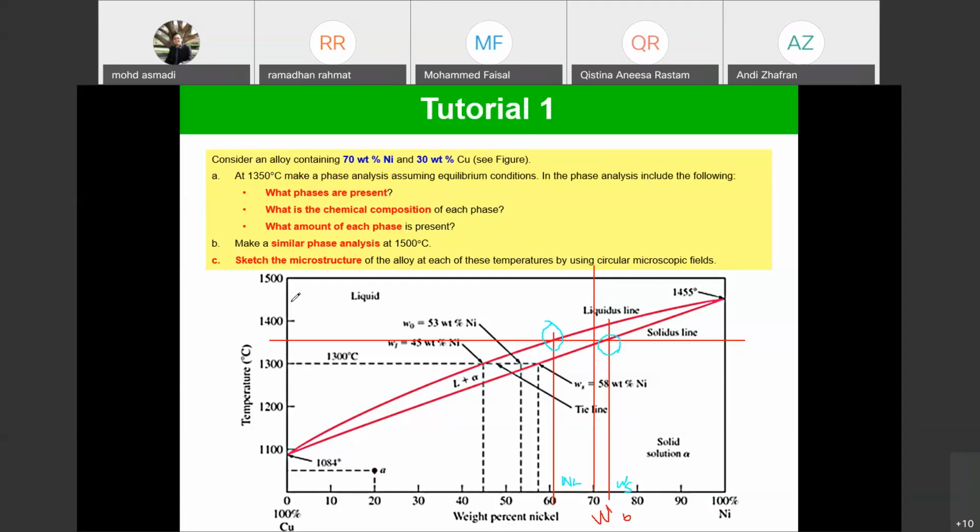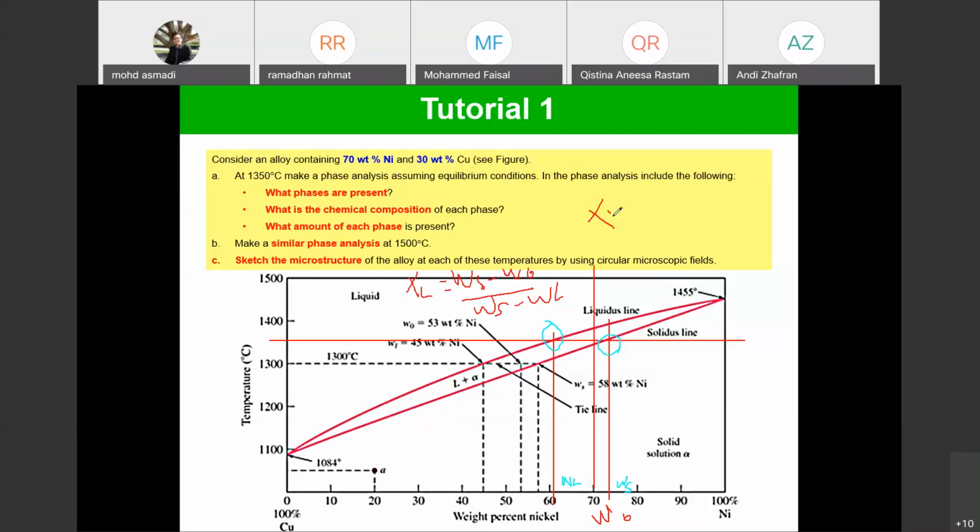So just refer to the equation, the formula in the previous slide. For XL, what do you have to do? XL is equal to WS minus W naught divided by WS minus WL.